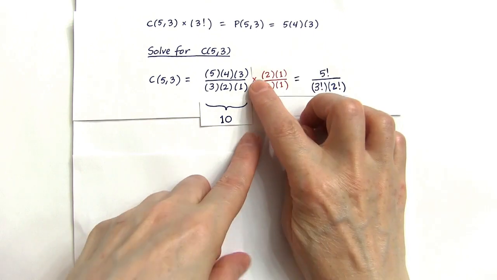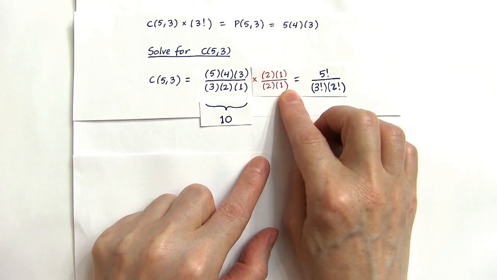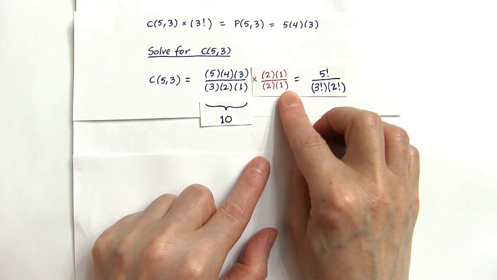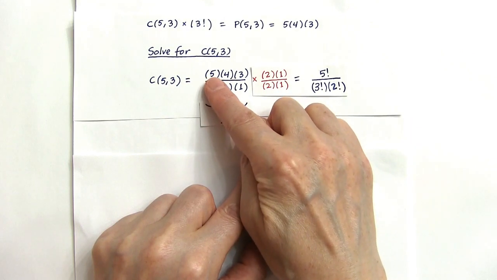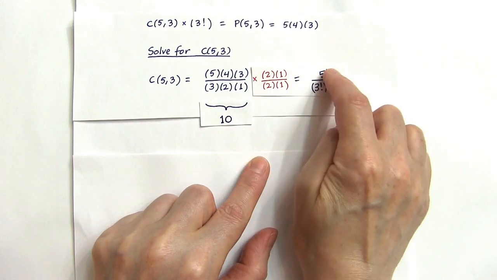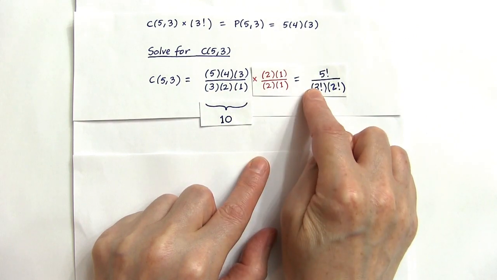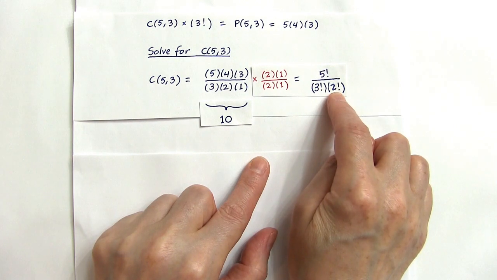And whatever I multiply the top by, I have to multiply the bottom by the same thing. And let's see what happens. What happens is that the numerator becomes 5 factorial, and in the denominator we get 3 factorial and 2 factorial.